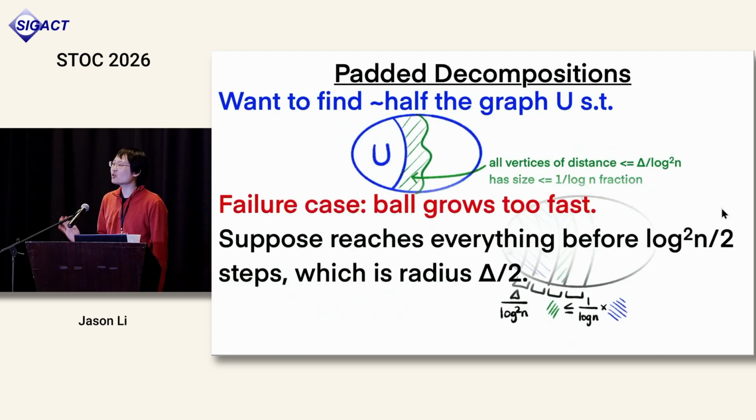Anyway, this is not quite true. There's a failure case, which is that the ball just grows too fast. For example, it could be the case that even at the first level you get everything. But luckily, in that case it's somewhat good, because that means that a source can immediately reach everything.